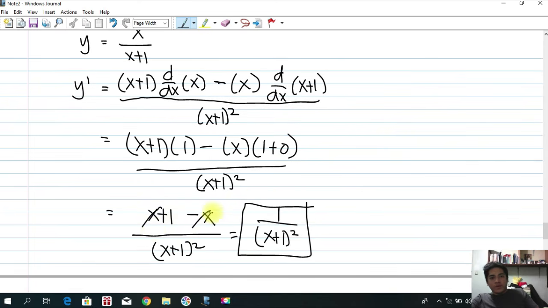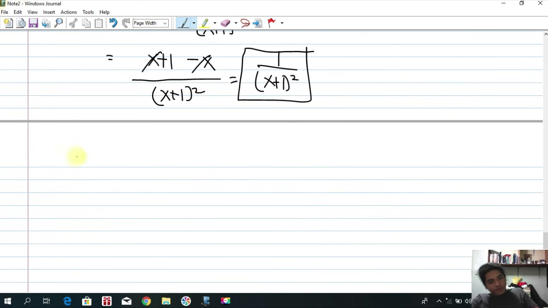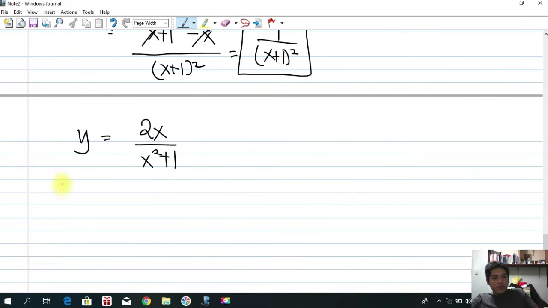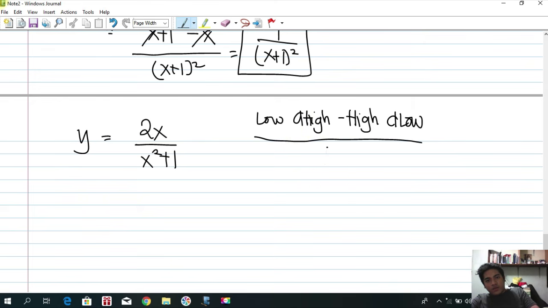Okay? So another problem, derivative of a quotient: we have 2x over x squared plus 1. Again, we will be applying low d high minus high d low, divided by low squared.